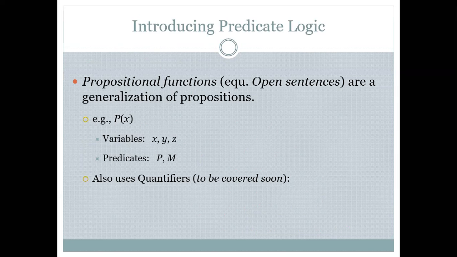P would have been a proposition, but it depends on the variable X. The stuff that doesn't involve the variable X, you call that the predicate, the predicate of the open sentence, okay? So P would be all the words that don't have the X in it. You can understand all the words, but the X is what's ultimately going to determine the truth value of that open sentence, okay?